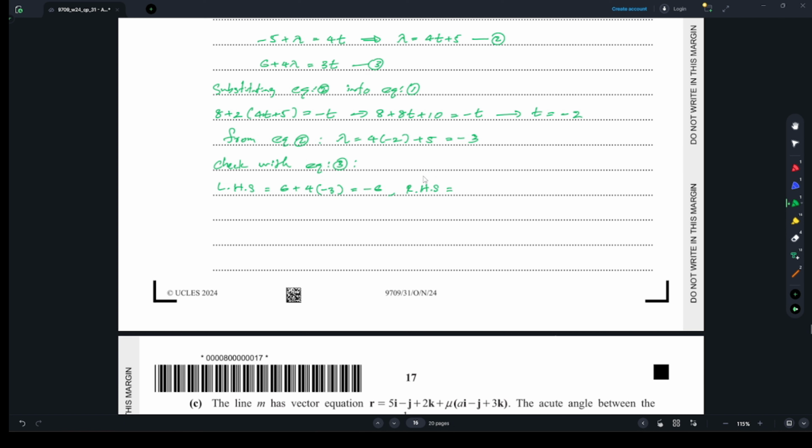Right hand side: 3t, here minus 6. Okay, so they match. Therefore t equals minus 2. Okay, so they match each other. Therefore we can have this answer.